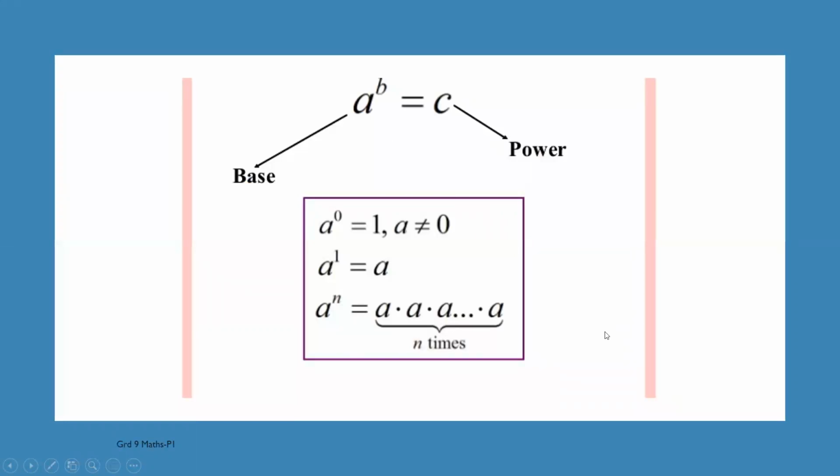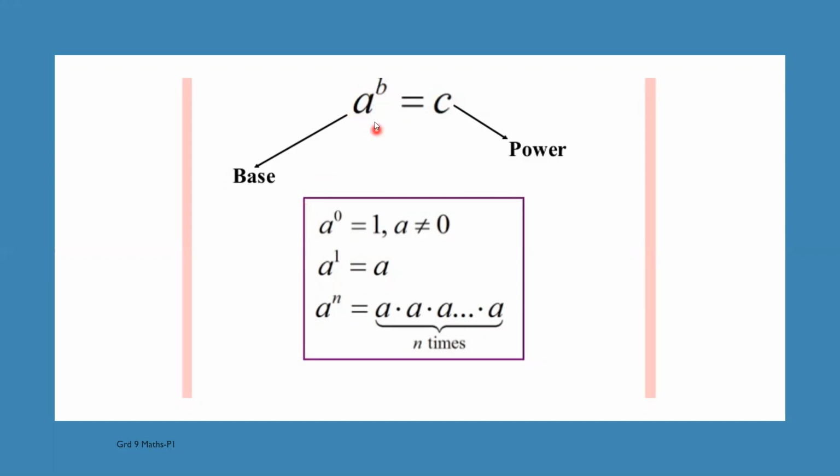Right, look, if we look here, guys, as you can see, we said a to the power of b equals c. The c is going to be the result. A is the base and b is the exponent.